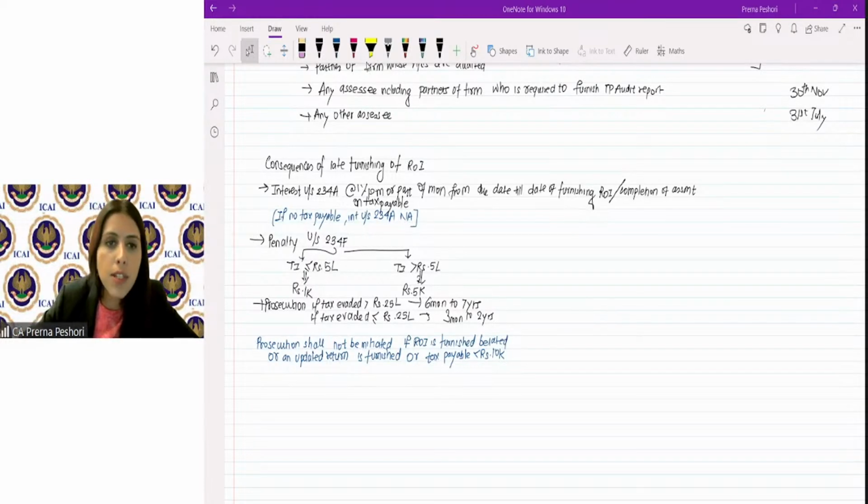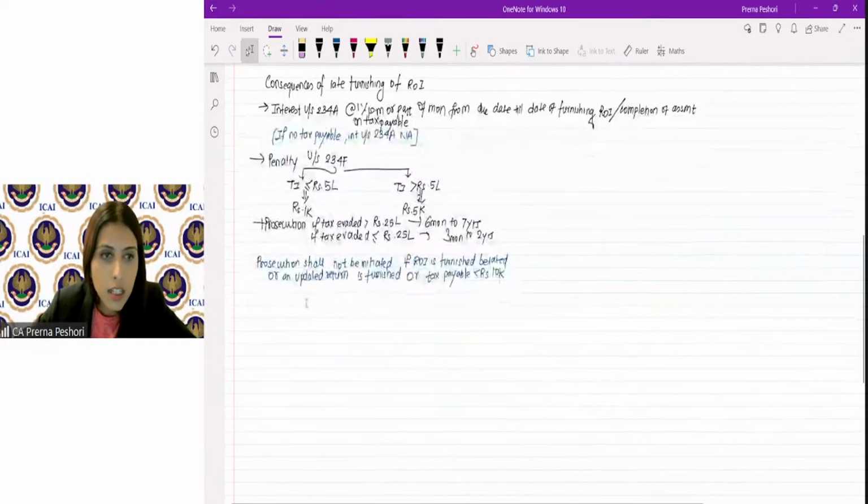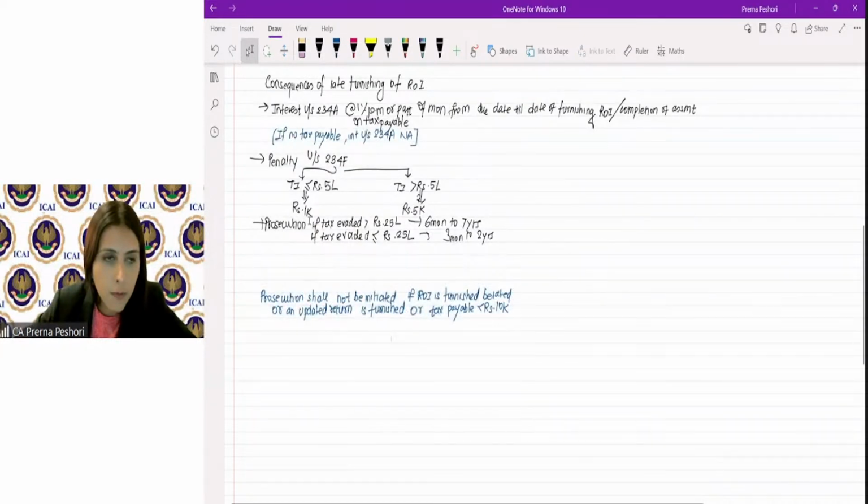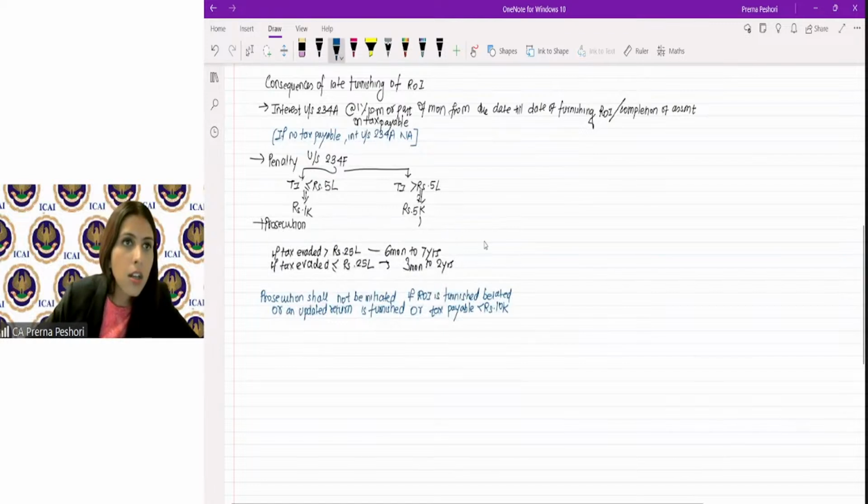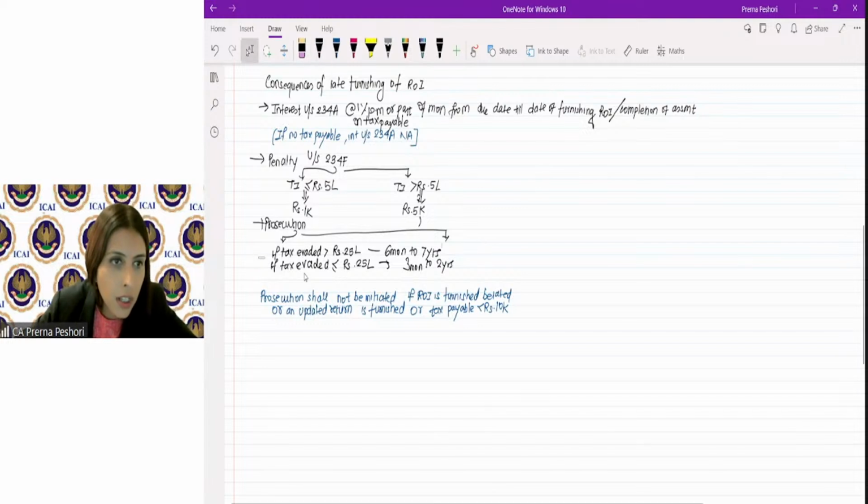Then what are the other consequences? You can just make it like this if you want. Prosecution, if my tax evaded is greater than rupees 25 lakh, and here you can write if my tax evaded is less than rupees 25 lakh.